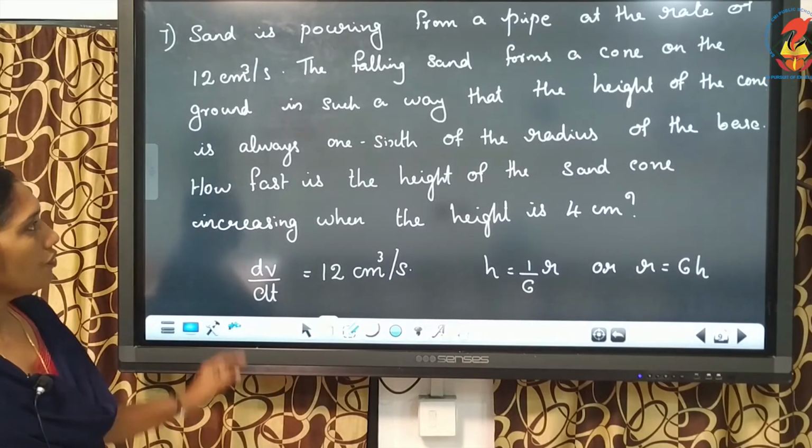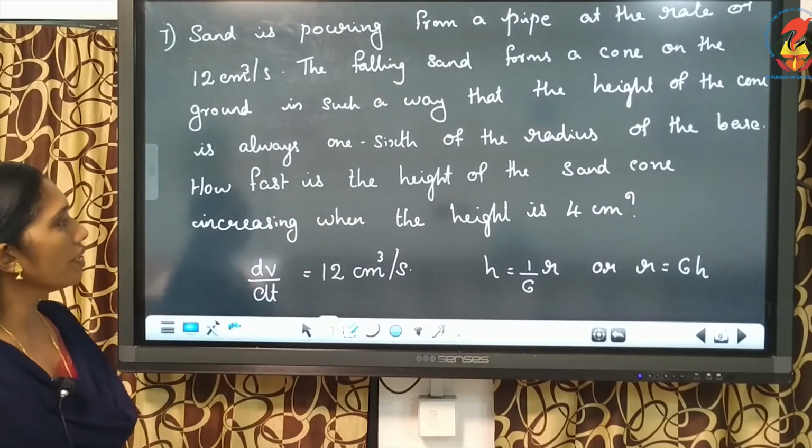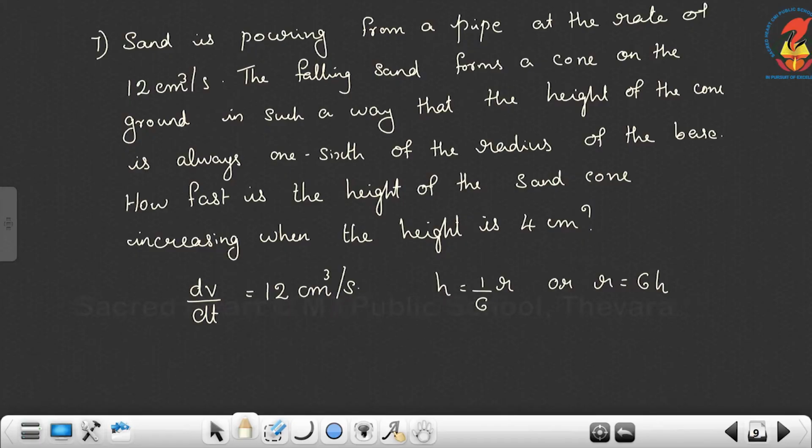Now, what do we have to find? How fast is the height of the sand cone increasing when the height is 4 centimeter? How fast means with respect to time. So dh by dt we have to find when the height is 4 centimeter.